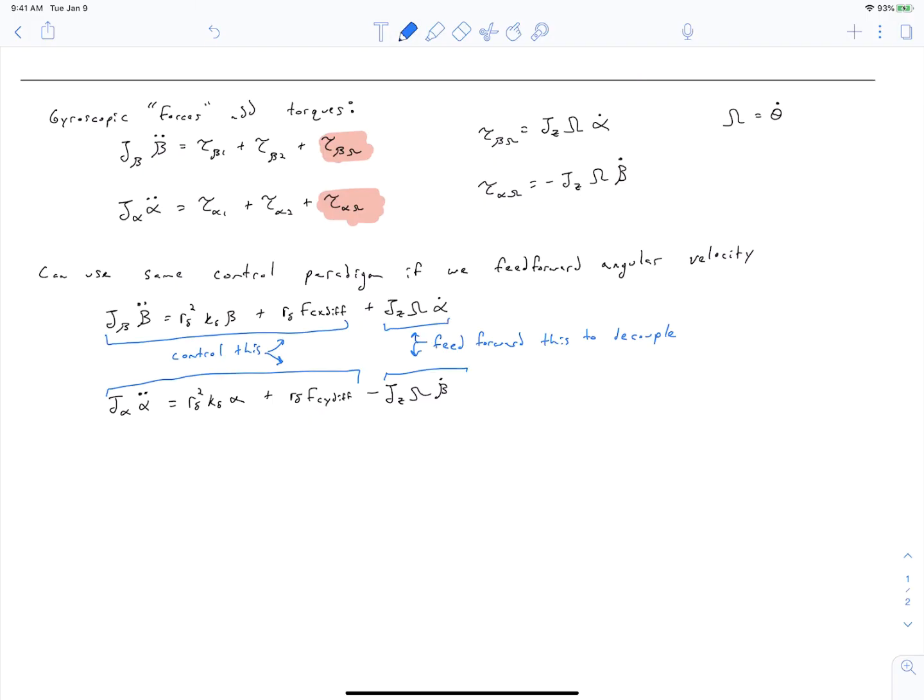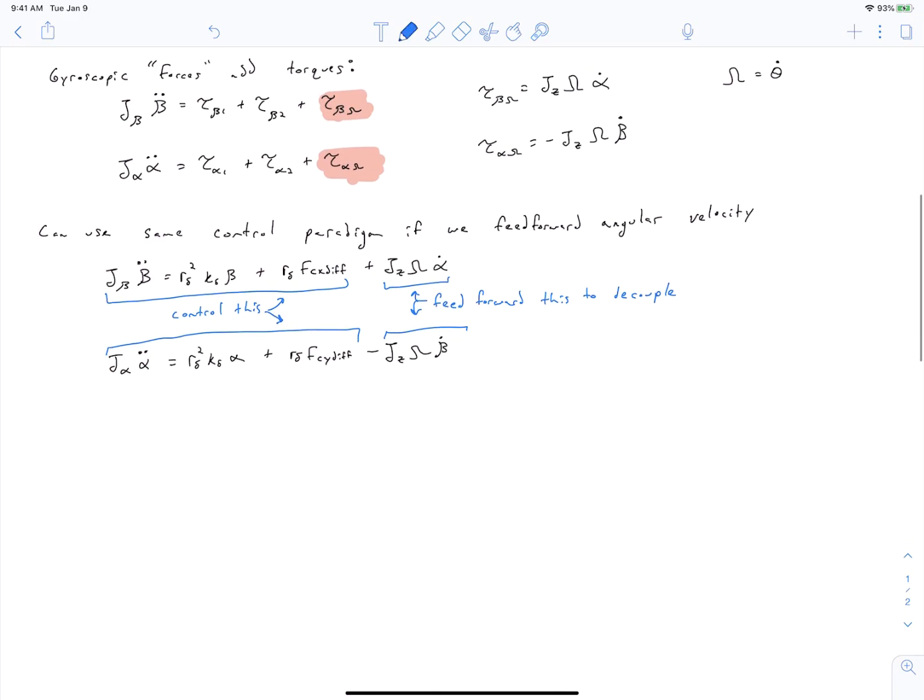And you can see that on the left side, we have our original differential equation that we previously talked about. And so we can design our controllers in the same way to control our state variables here of beta and alpha. And then on the right side, we can just feed forward these terms to decouple their cross-coupling.